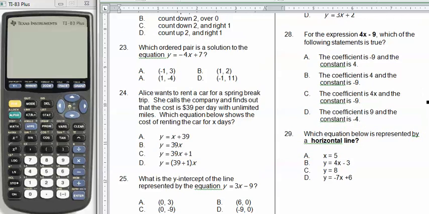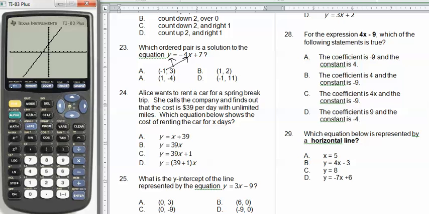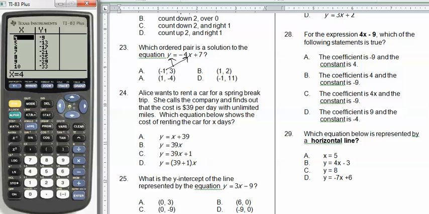So which ordered pair is a solution to the equation y equals -4x plus 7? So we're asking you to put y in here and x in there. But what you could do, since it's just one equation, you can go on the calculator into y1 and type this equation, -4x plus 7, and go to our table and see which of those points is in there.